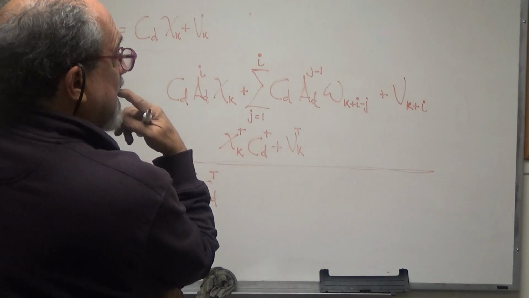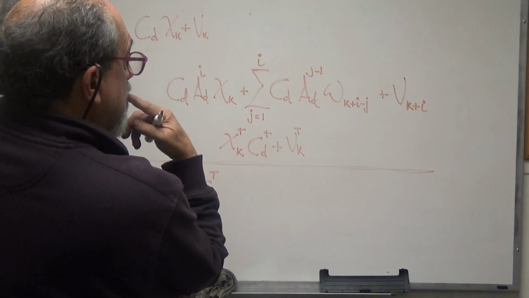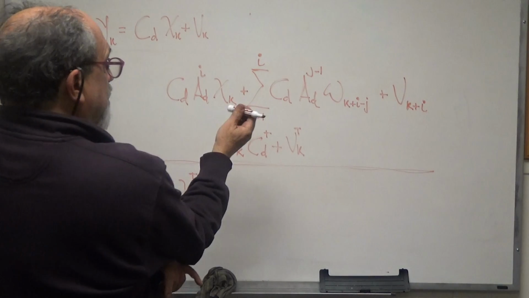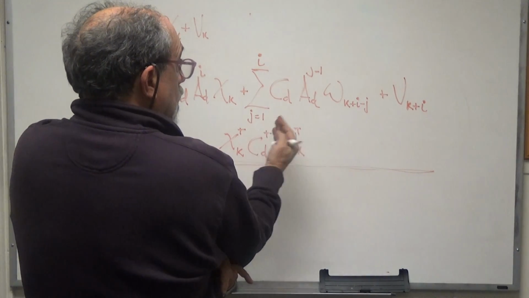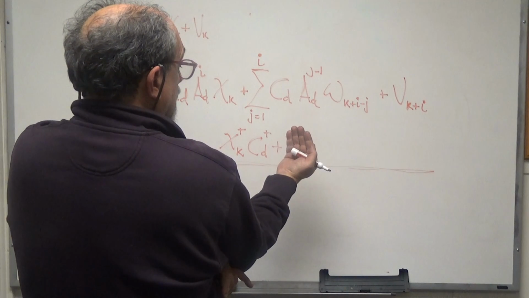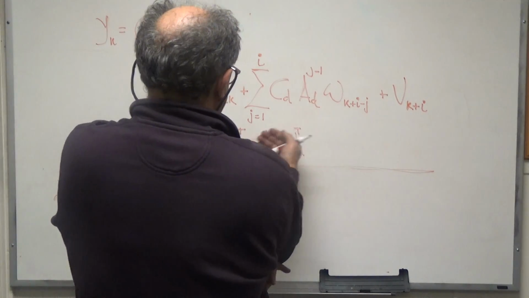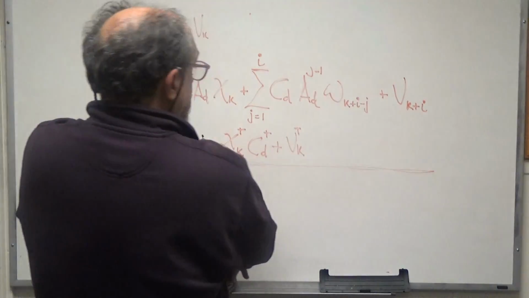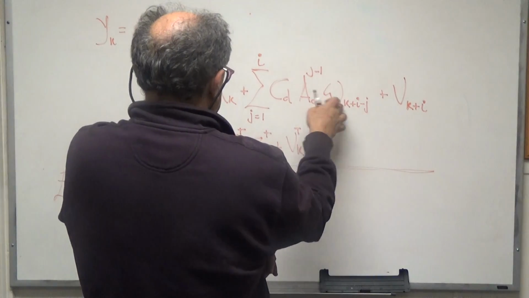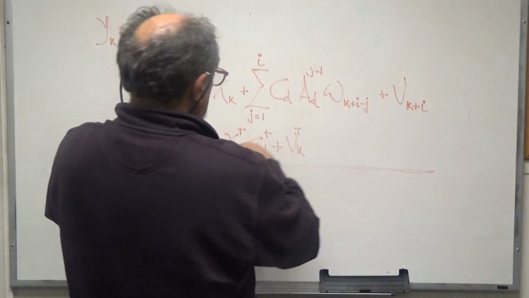Let me state it even more clearly. WK cannot have an influence on xk, but WK could have an influence on x at k plus 1, so W at K minus 1 could have an influence here.